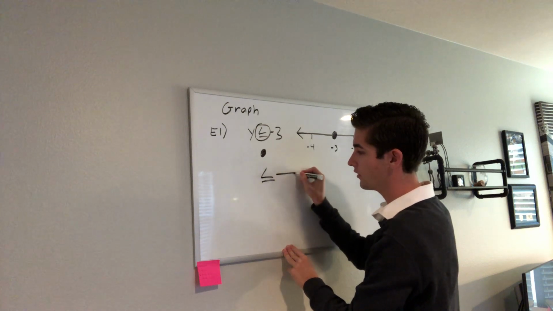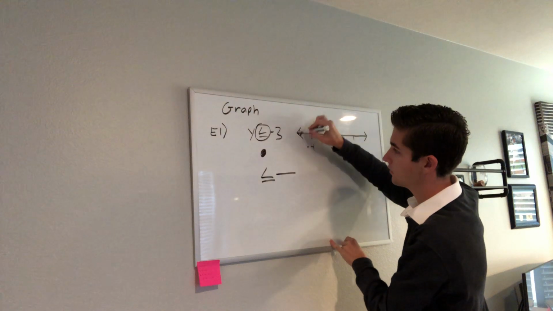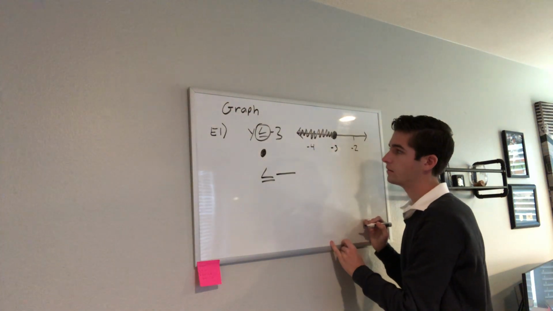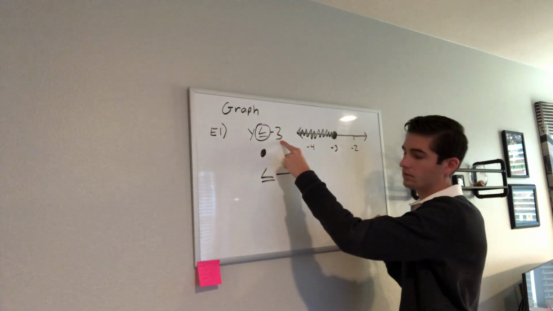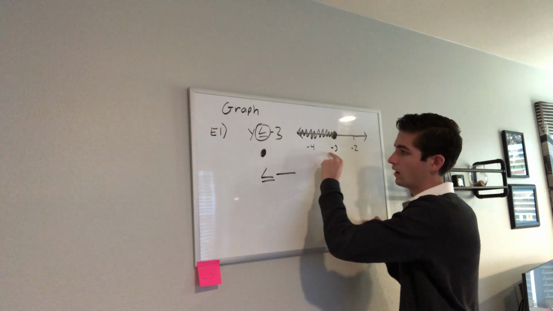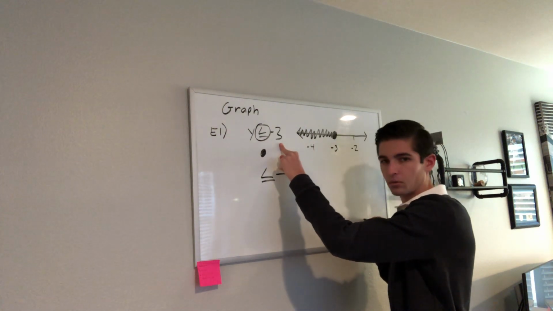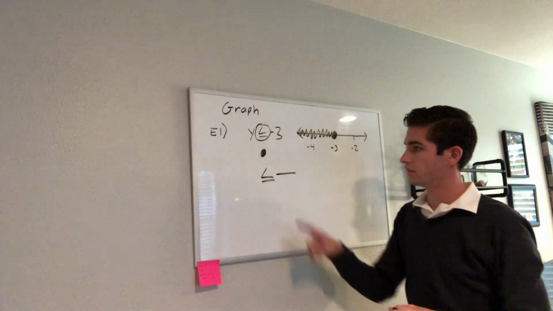If we make it an arrow, it's saying let's shade that way. So there you go. We shade, right? So this is saying -4 is less than or equal to -3. Yep, that works. -100 is less than or equal to -3. That works too. So this is how we graph it.